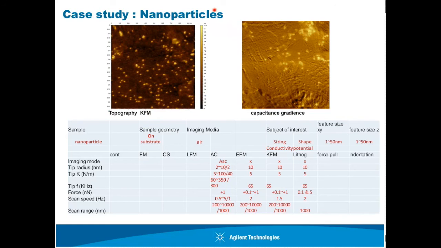If you apply an AC voltage to the tip, it can cause this dipole moment to flip around at the same frequency of the AC voltage, and this can induce an attractive force between the tip and sample at double the frequency of the driving bias. This double frequency vibration is the indicator of capacitance between tip and sample.